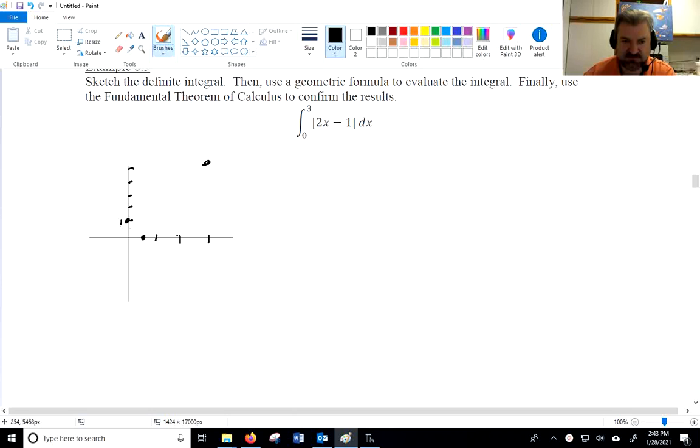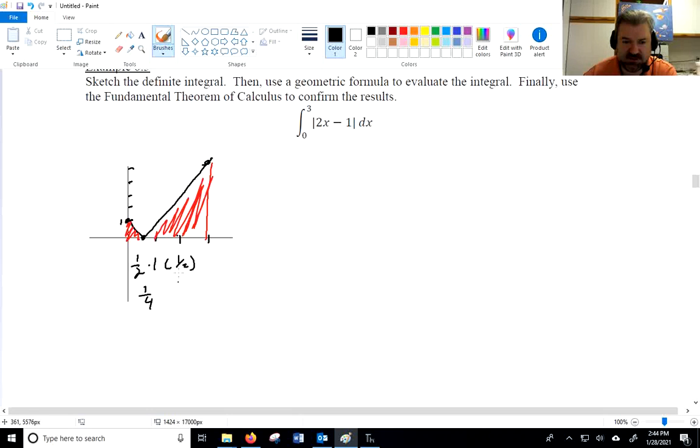So it's going to look something like this. And the area we're looking for is going to be all of a positive area because it's all above the x-axis, right? And we'll just use two different triangles. So this is 1/2 times 1 times 1/2, which is 1/4. And this is, let's see here, 1, 2 and a half.